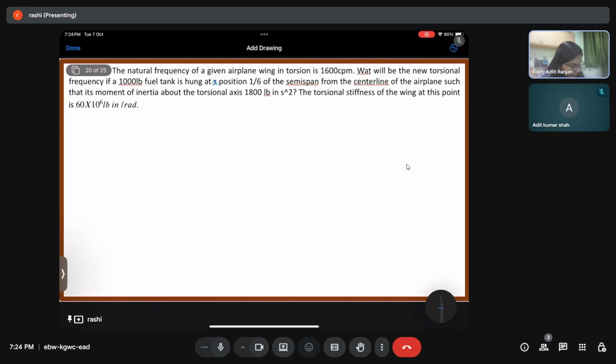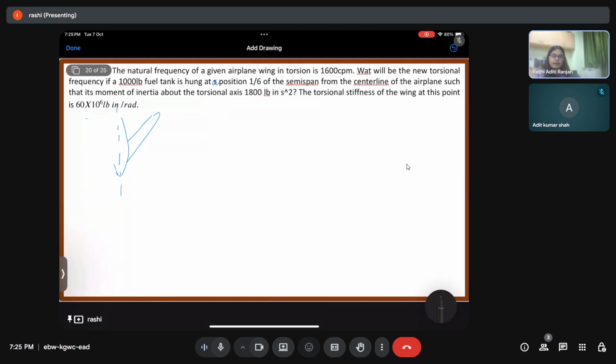So if we, let us say, have a plane like this, and then we have the wing. This is the center line. Now, we'll consider only one part.